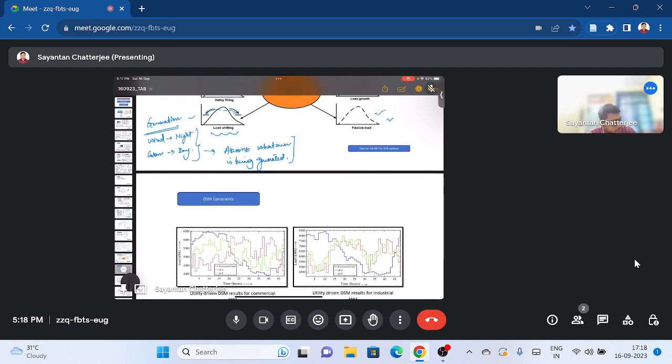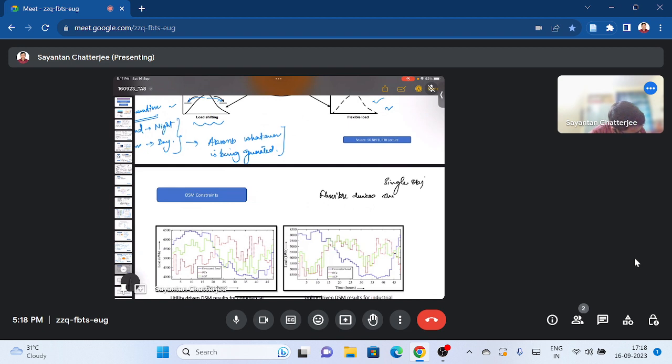To meet these objectives, we have the single objective, where the flexible devices should be shifted or brought near the actual load curve.